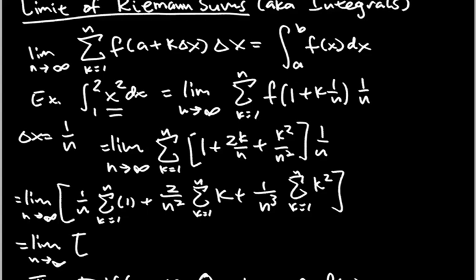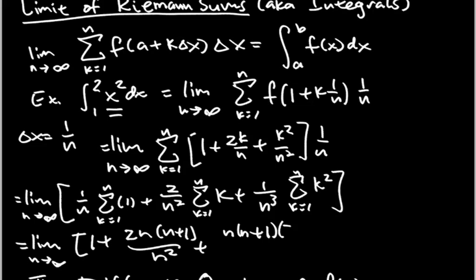The first sum is just n, because if you add 1 n times, you get n. So 1 over n times n equals 1, plus here, if you remember your formulas, it's going to be this. And then also the same thing. If you know your special sums, you'll get this fairly easily.